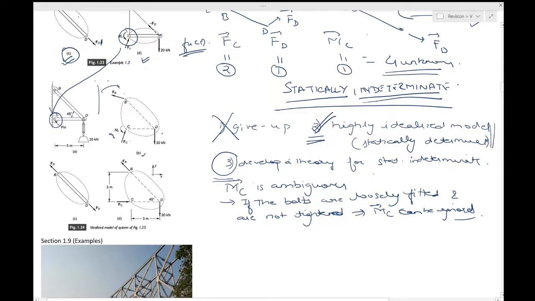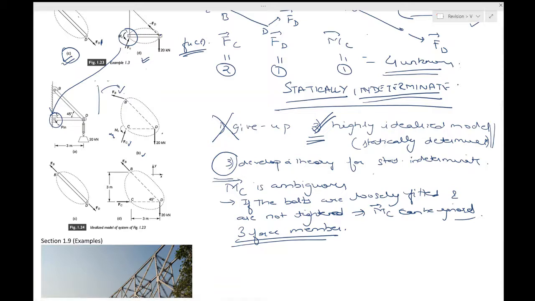You have already read about the three force member. In this case, this frame, or the bar CD for that matter, can be taken as a three force member. We'll do that slightly later on. So the directions of FB and FC are unknowns.